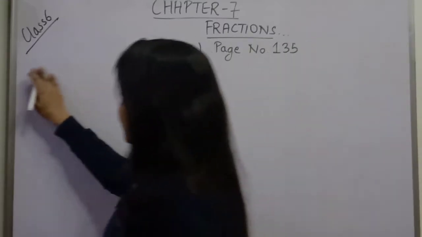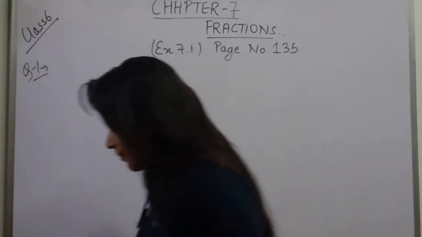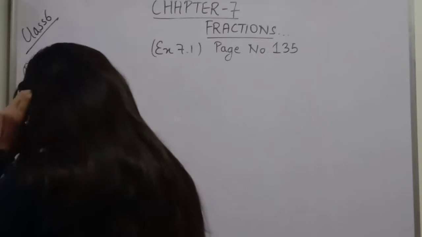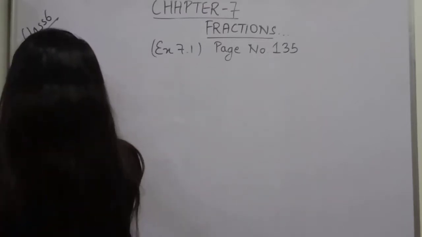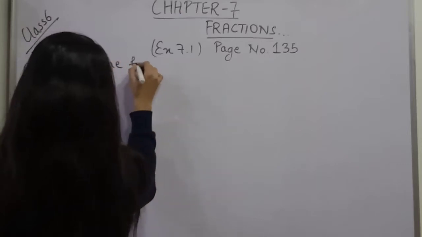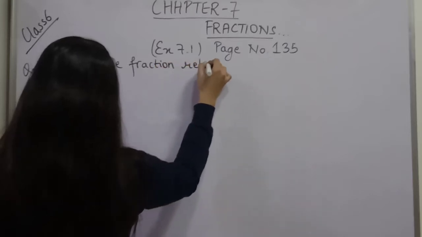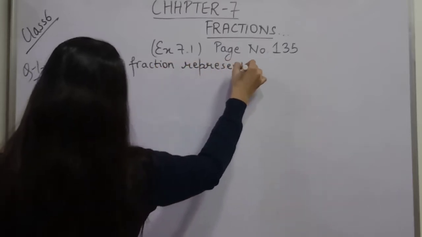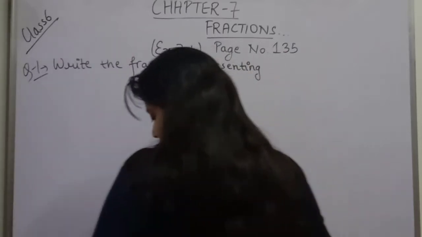Exercise 7.1, question number 1 says, write the fraction representing the shaded portion.